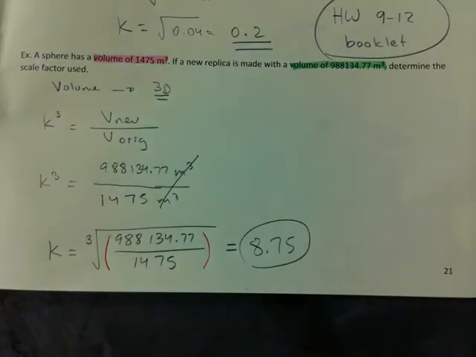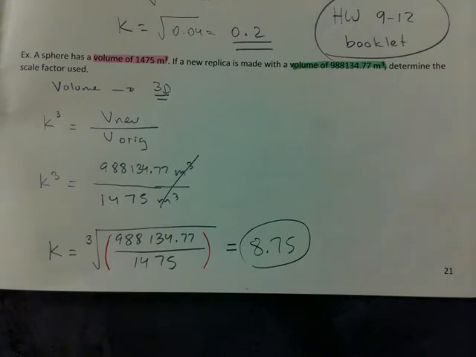By the way, once you have the scale factor, I told you that that's the key, right? Now I could say, hey, if that sphere had a radius of, like, 10, what would the radius of the new one be? Or I could flip it.